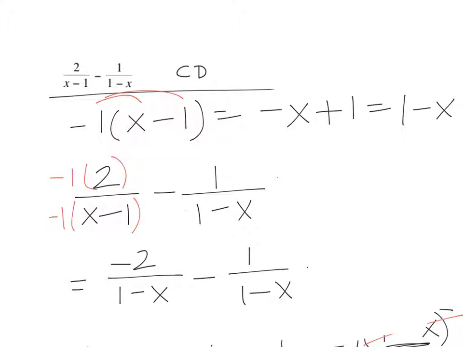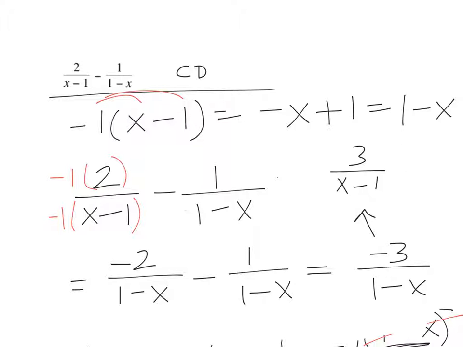Now, that is the same as negative 3 over 1 minus x. And that's also an acceptable answer. They're only different because of the negative. That's equivalent to 3 over x minus 1. Okay, they're equivalent to each other. So that one could be done two different ways.